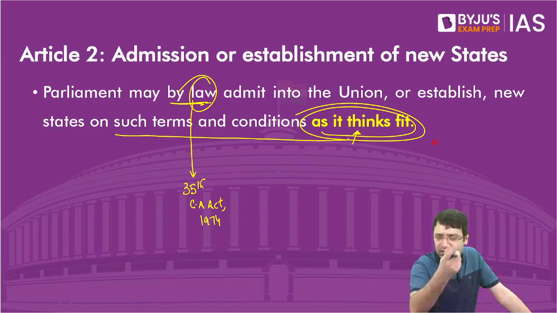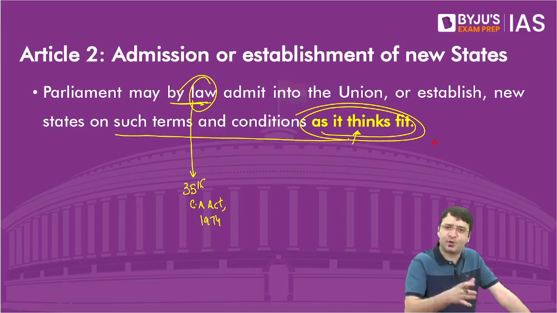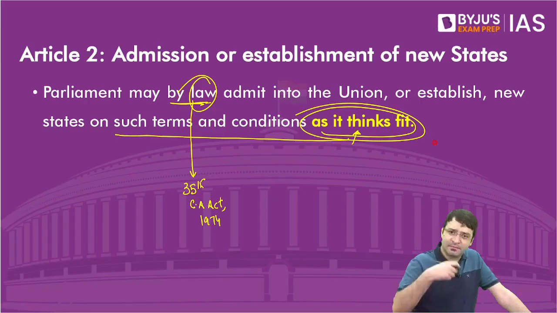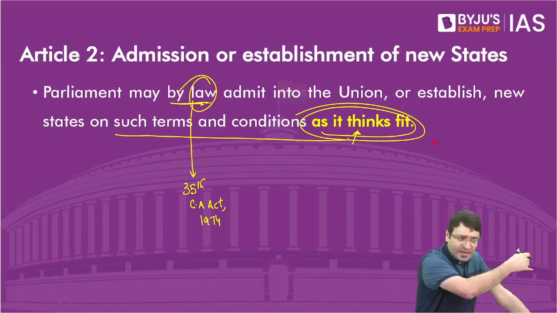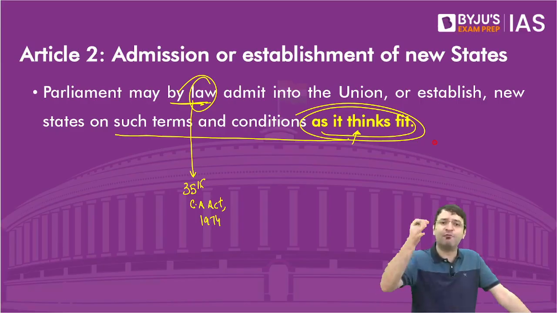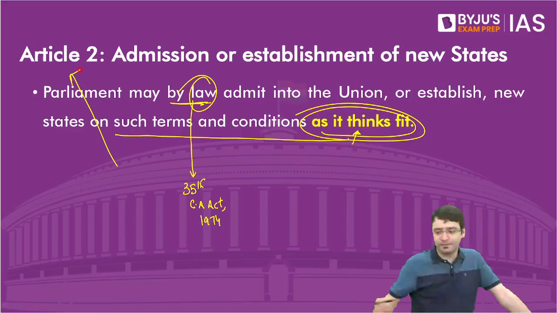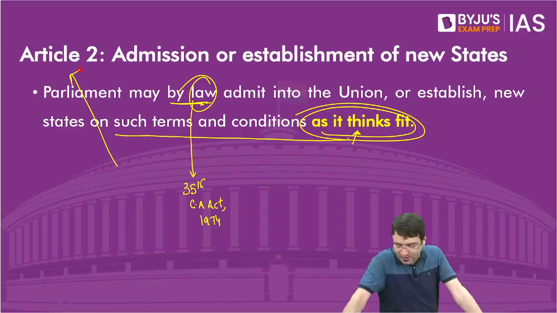More than 98% of people of Sikkim said, yes, we should be fully part of India. And that is how the Parliament of India amended the Constitution again, removed Sikkim as an associate state, and made Sikkim a full-fledged Indian state. That's Article 2. Any questions as of now?